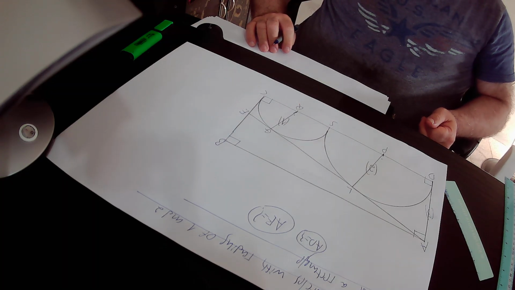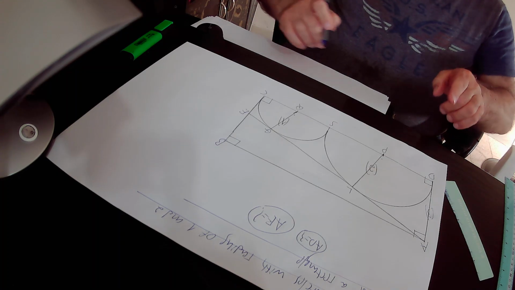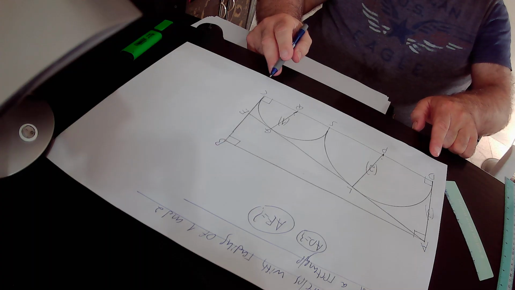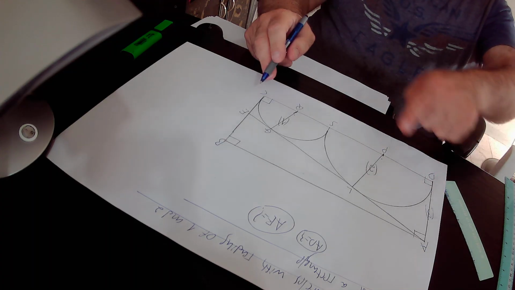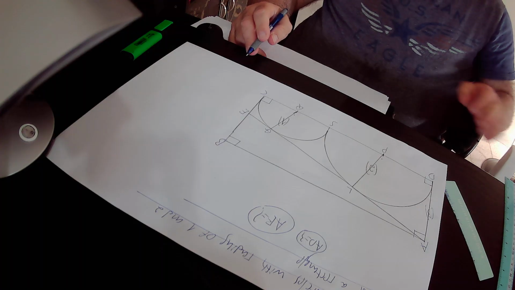In the next step, we will do a construction. That is to say, we will extend side DC and line segment AE by a straight line until they touch each other.